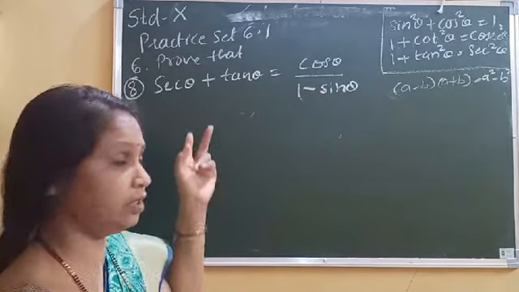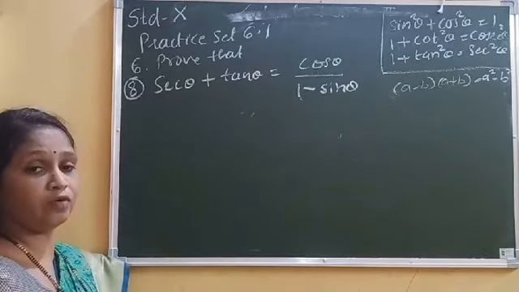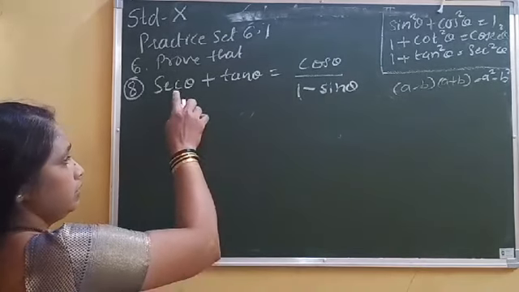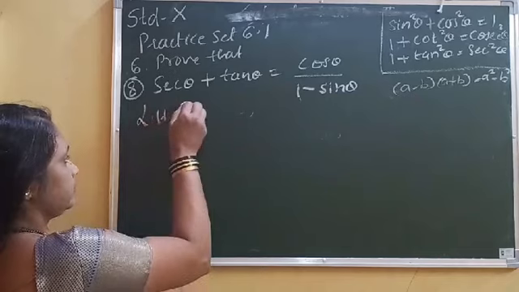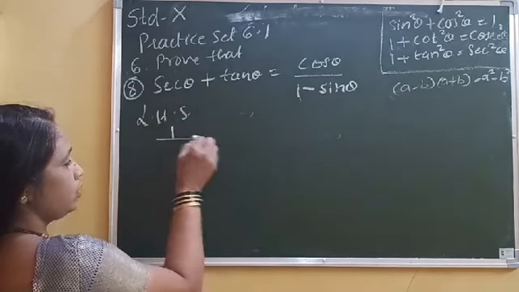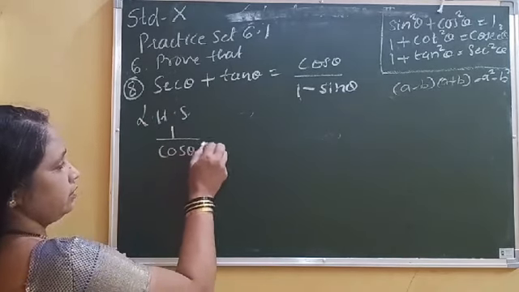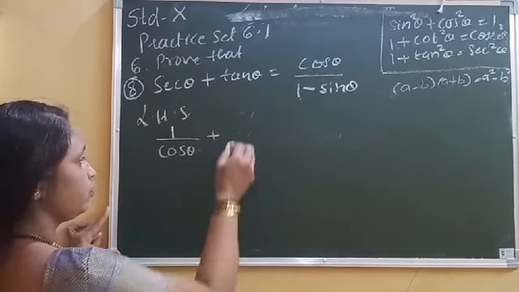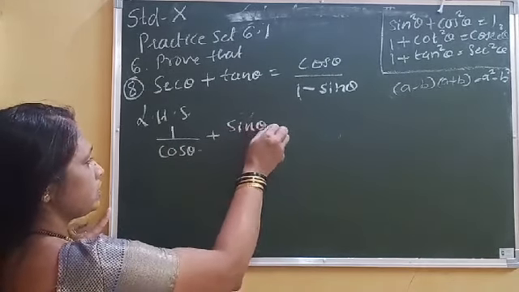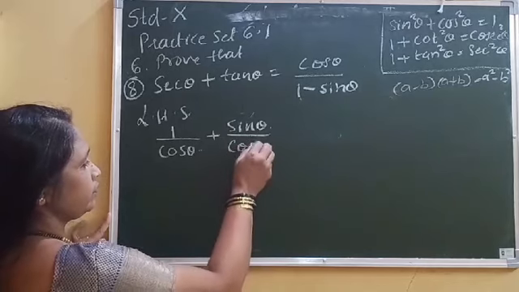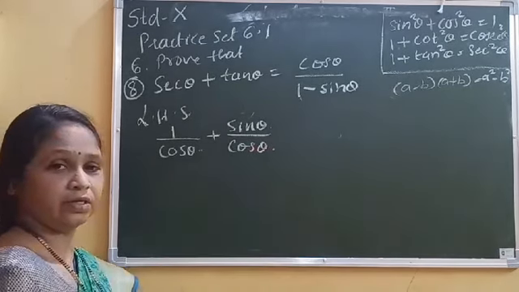So what we should do is write this in terms of cos and sin. Sec means 1 upon cos theta, and tan theta means, in terms of sin and cos, sin theta upon cos theta. Now we have got this.